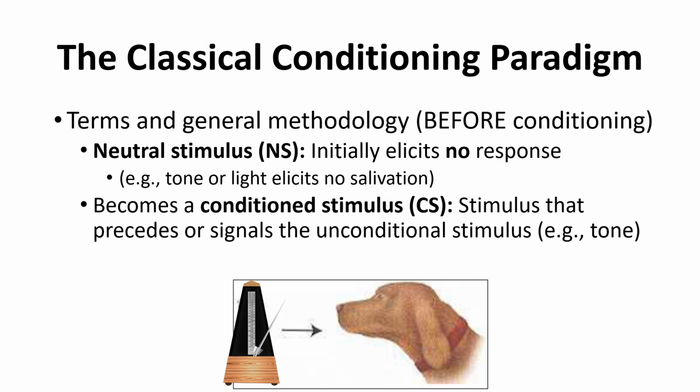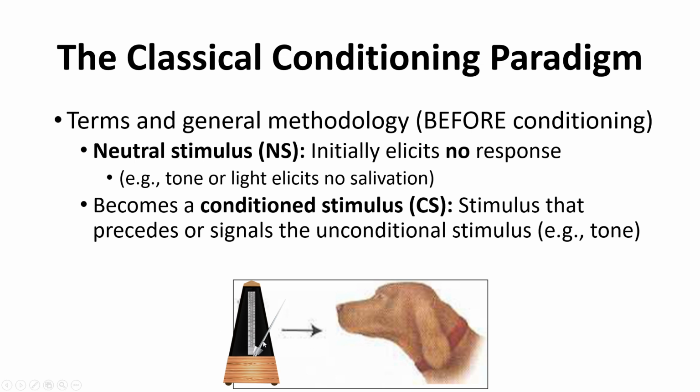Our next important player before conditioning happens is our neutral stimulus, or NS. And this is some kind of stimulus that initially elicits no response. So it is something that doesn't cause a particular behavior. So a tone or a light doesn't make a dog salivate because it's a neutral stimulus.